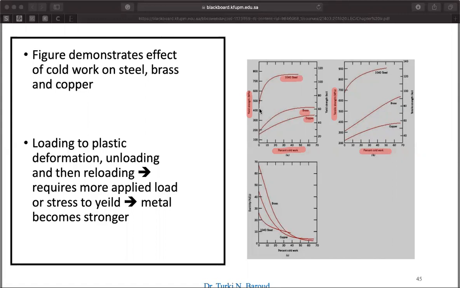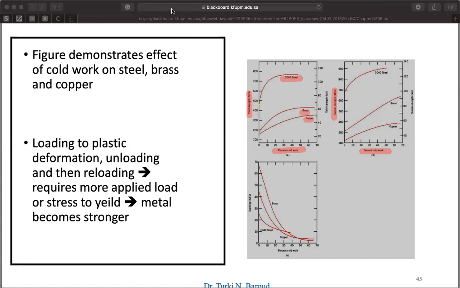Let's take the steel. So the steel you have around 450 megapascal. This is the yield strength of the steel. So if you take a fresh specimen that hasn't been plastically deformed before, at the beginning the yield strength will be around 450.